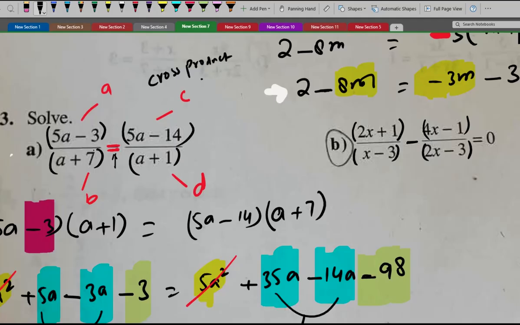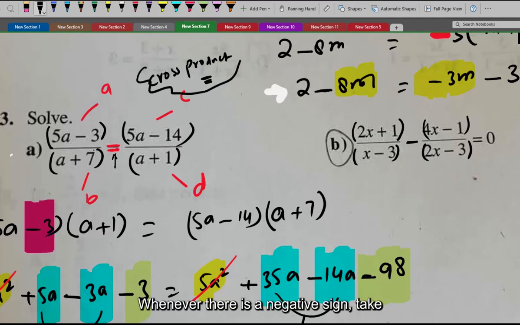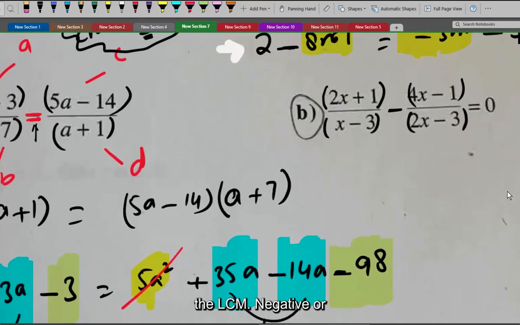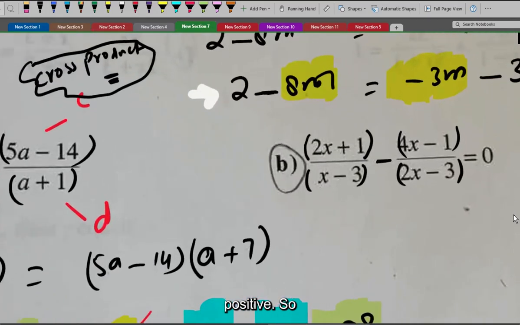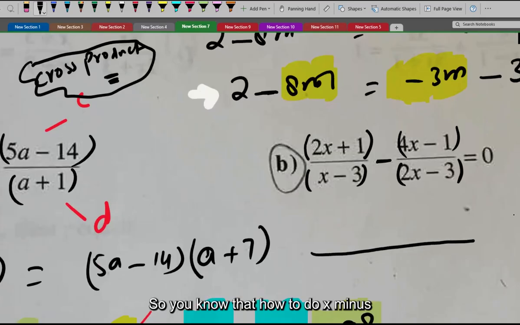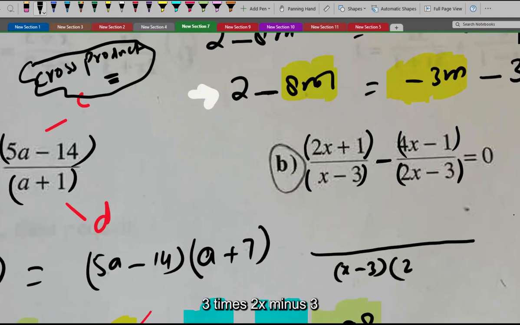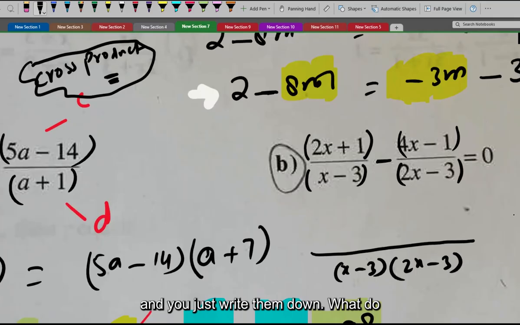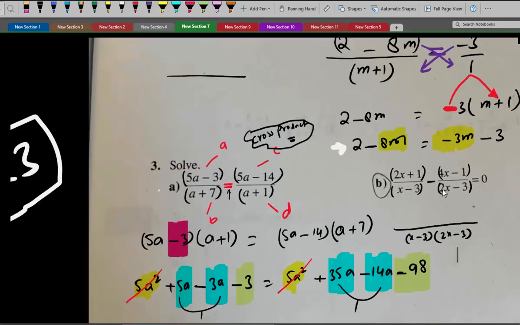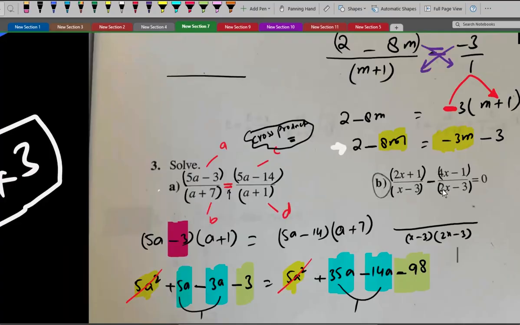And whenever there is a negative sign, take the LCM, negative or positive. So LCD, what do you call the LCD? Okay. So you know how to do x minus 3 times 2x minus 3, and you just write them down. What do you think? Should I solve it? No, I think it's fine.